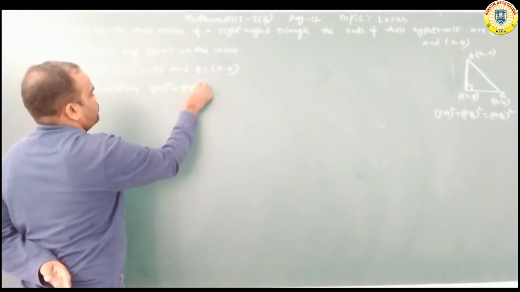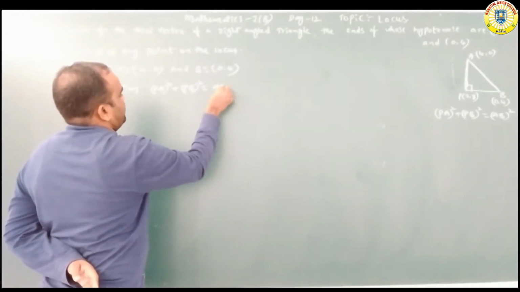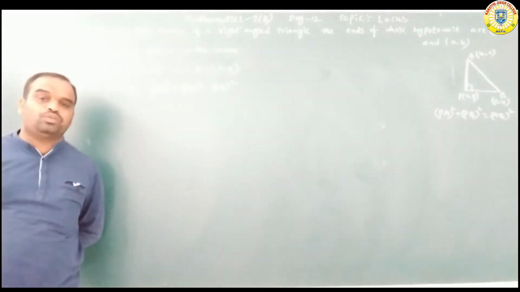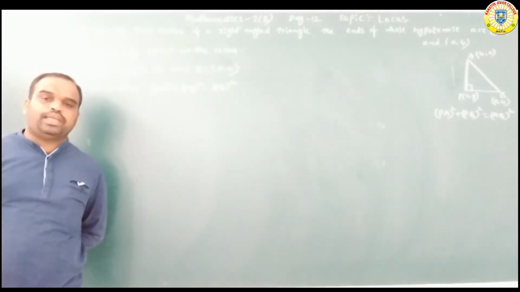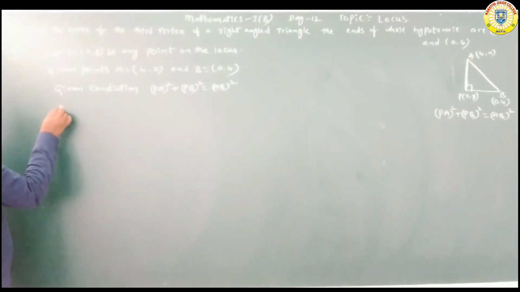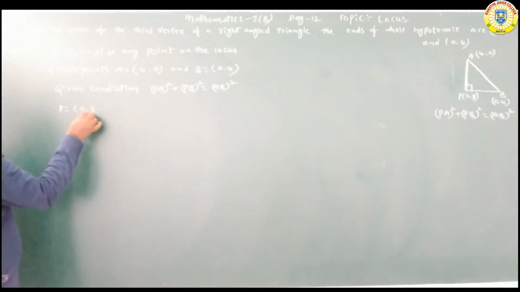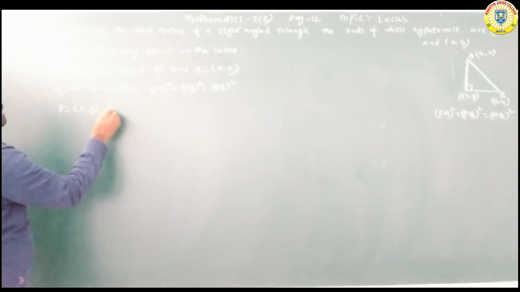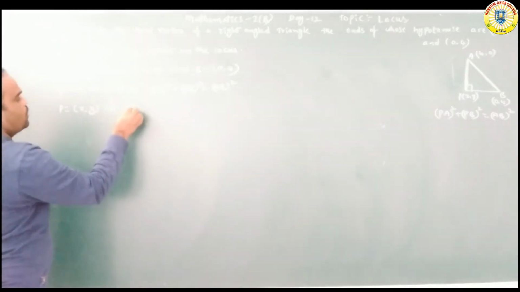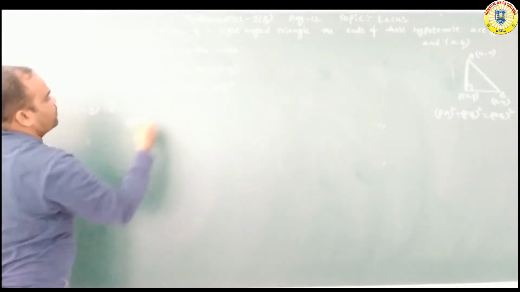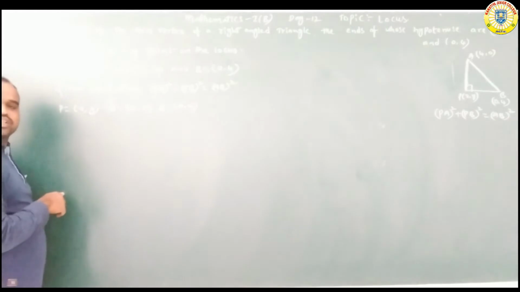Next we are writing P equal to (x, y). Then A equals (4, 0) and B equals (0, 4). These values we are substituting in this equation.